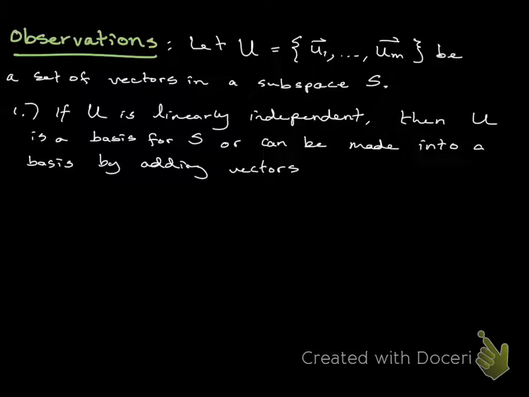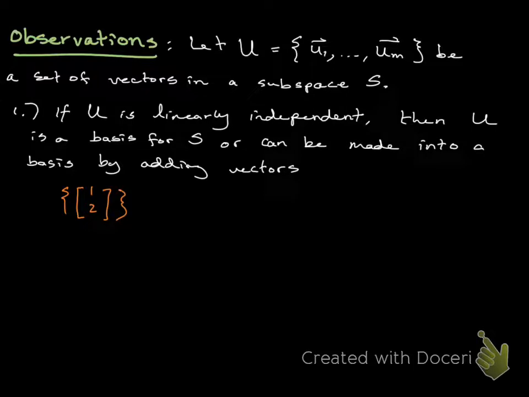But basically what that means is if I have a vector here, say the vector 1, 2, that's a vector in R2. And by no means does it give me every vector in R2, right? I can't come up with every vector in R2 with that vector. It does not span R2. It's linearly independent. It's by itself. Then it's either a basis for R2 or it can be made into a basis by adding a vector.